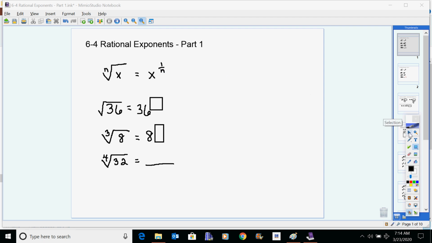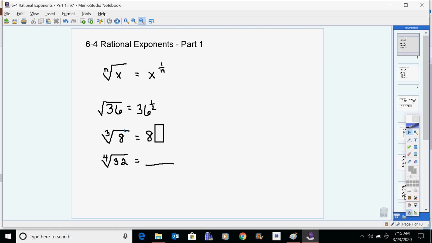What that would mean is that the square root of 36, and you all know that the answer is 6, but if we want to put it in rational exponent form, would be the same as 36 to the 1/2 power. Because our hidden number in our index is a 2. So that goes right over to the denominator. So another way of writing the square root of 36 is 36 to the 1/2 power.